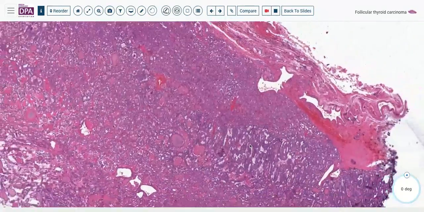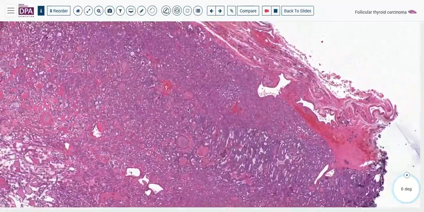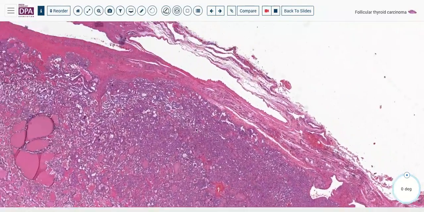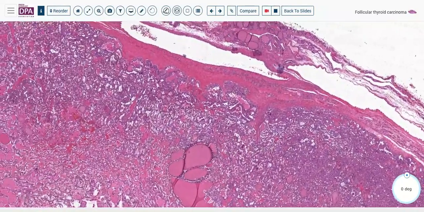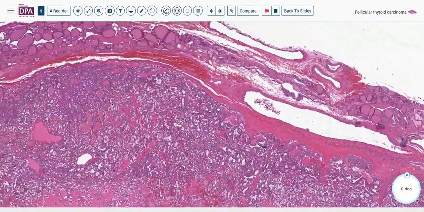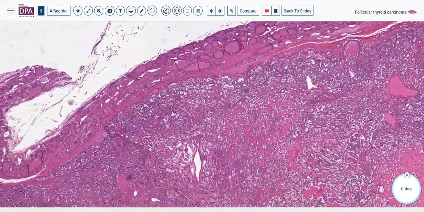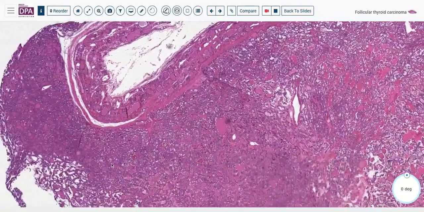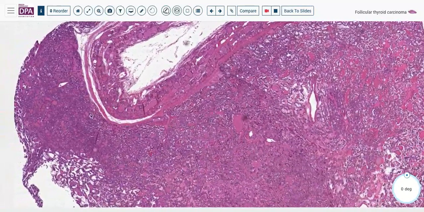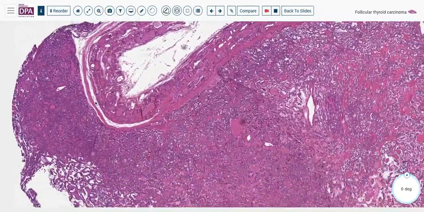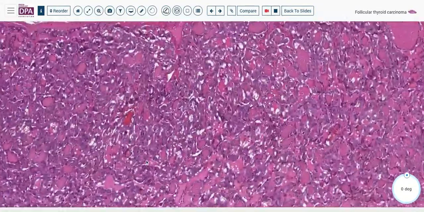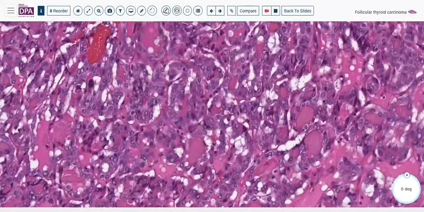So these are challenging. The feature, of course, of importance is capsular invasion, and this is just one section. But we're beginning to see thinning, and so if we were to begin to see any sort of tumor beyond this, we would be more concerned about carcinoma.